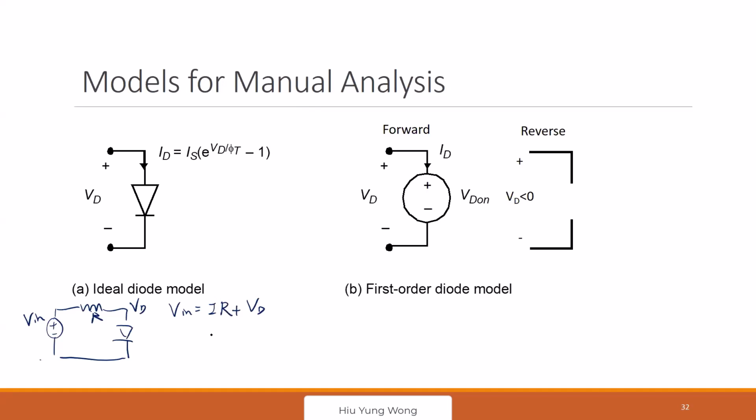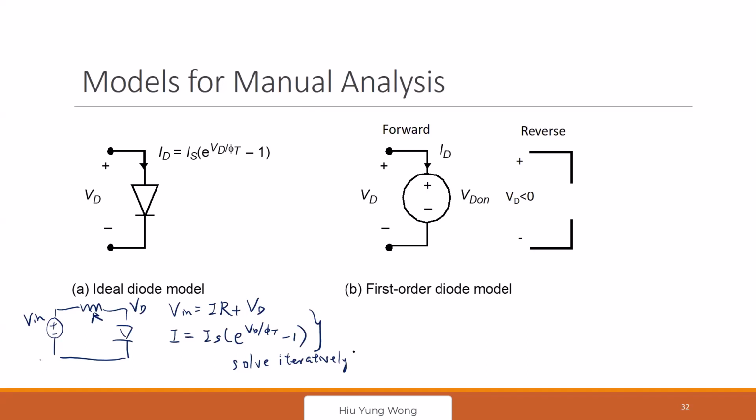And I also know I equals IS times (e to the power VD divided by phi t, minus 1). Then I need to solve it iteratively. There's no closed form solution.